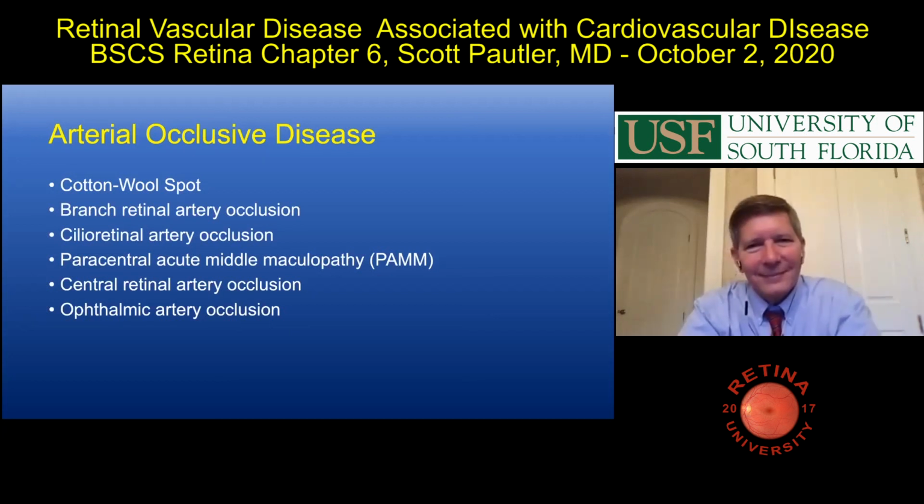Scott, that was a wonderful talk. I have one question about management of ischemic CRVOs, and this is something that I do without a ton of evidence. There are only case reports which have steered my management.